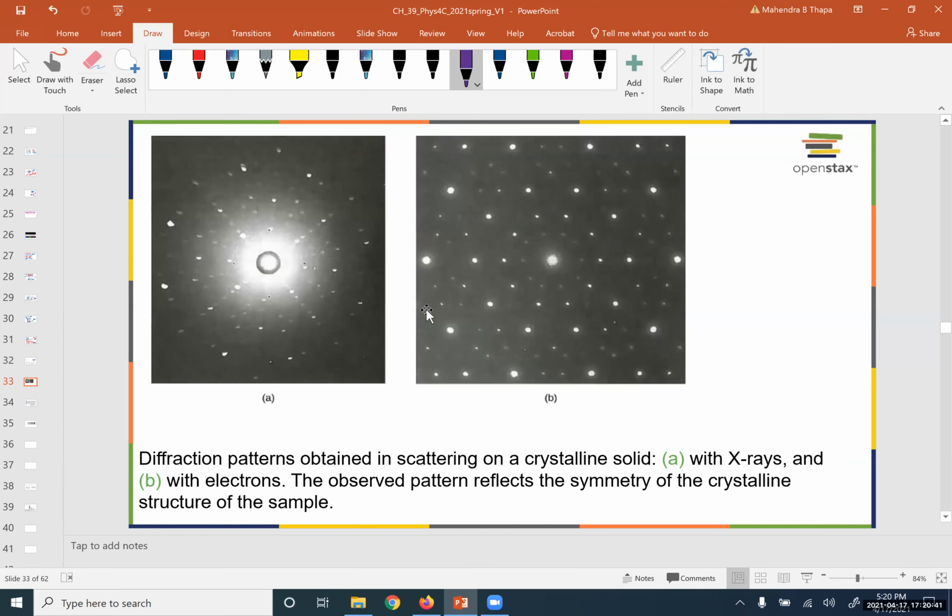So these are just for comparison purposes. This is the diffraction pattern for X-rays, and this is for the electron. The observed pattern reflects the symmetry of the crystalline structure of the sample. Basically, both diffraction phenomena, either X-ray or electron, reflect the same thing for the given crystal.